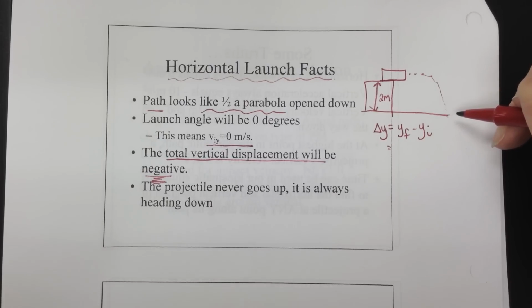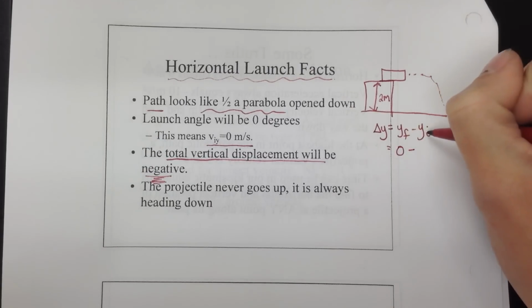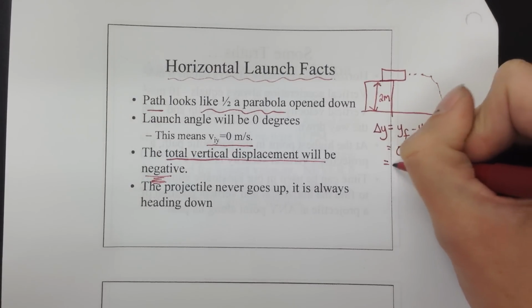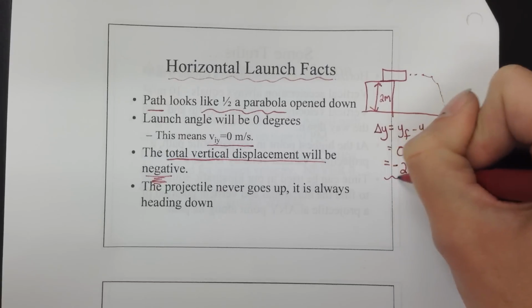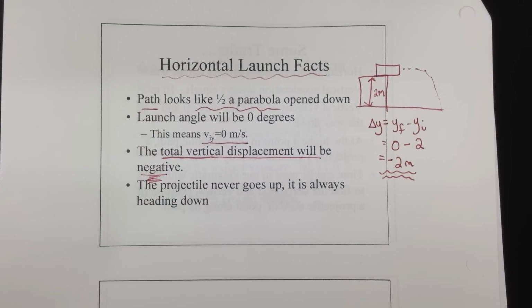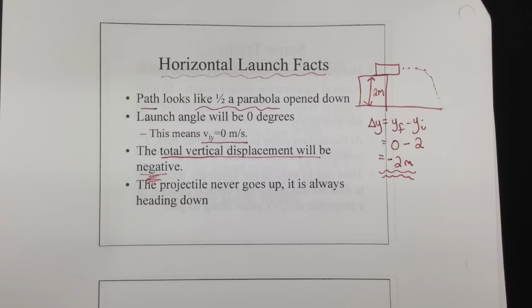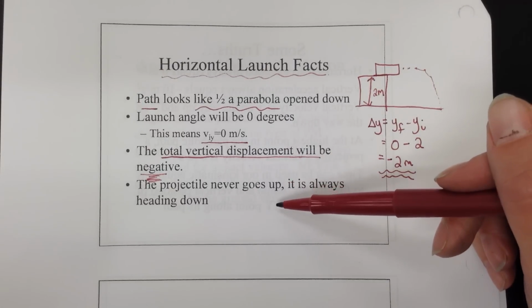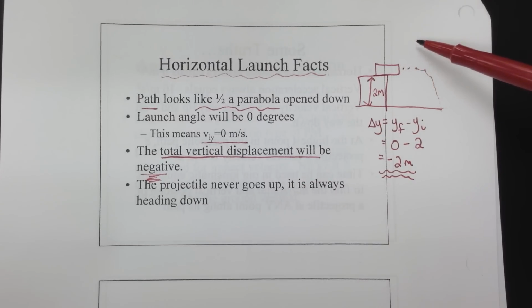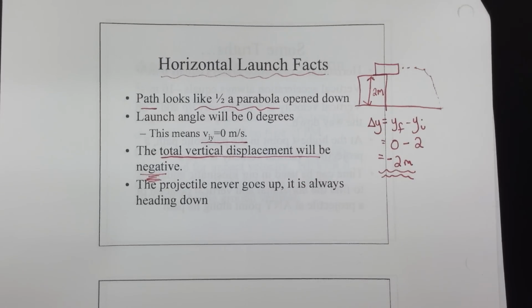So the final position is 0 minus your initial position, and it starts 2 meters up. So 0 minus 2 is negative 2. There's the negative vertical displacement, and that will always be true for any horizontal launch. This last bullet is just reiterating what the first bullet says. The projectile never goes up. It only goes down.